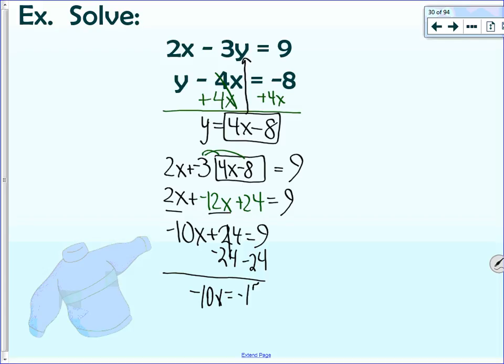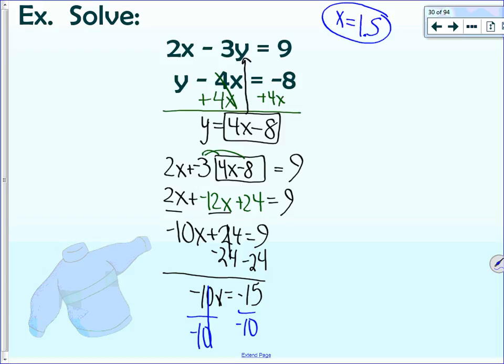Then, okay, so I can't... I'm going to call it 1.5.